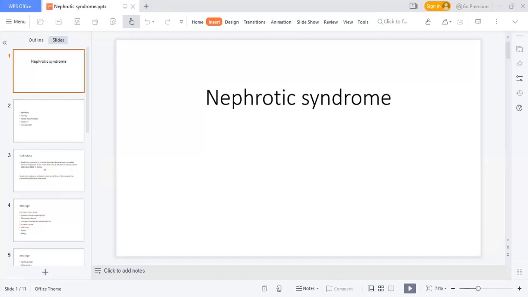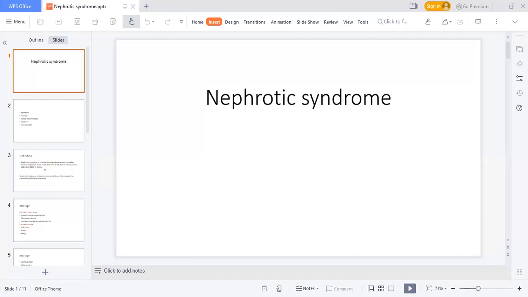So the main feature of the nephritic syndrome is the hematuria, while the main feature of the nephrotic syndrome is the proteinuria, whose range is approximately more than 3.5 grams per liter for 24 hours. So this was the background, definition and introduction to the nephrotic syndrome and the formation of the normal urine.